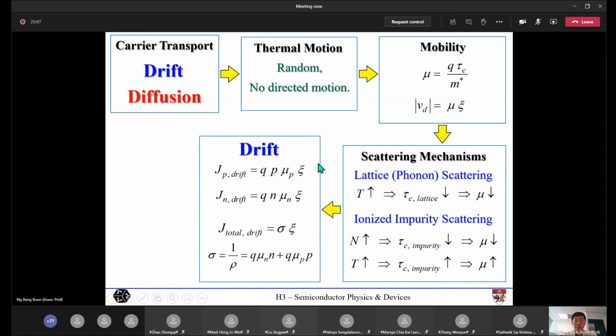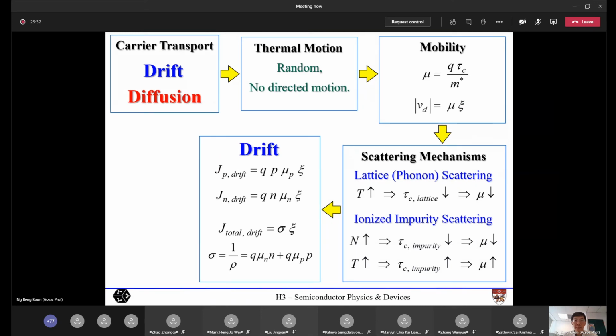Of course, in a semiconductor, you typically have both carriers present. So the total current density that you would see is the sum of these two terms. And you take out the electric field as a common factor. The rest in the bracket is commonly known as the conductivity of the semiconductor.